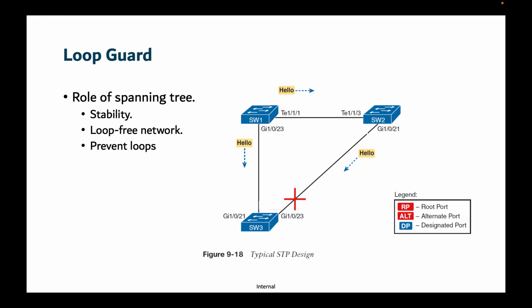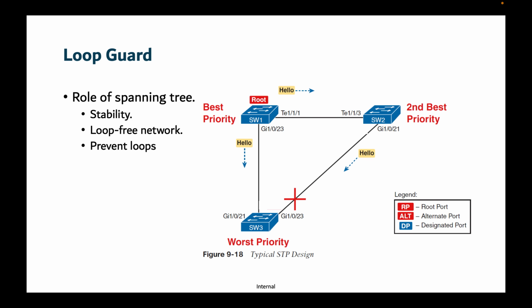In this topology, STP elects a root bridge, which becomes the central reference point for all path calculations within the network. The switch with the lowest bridge ID, a combination of priority and MAC address, is elected as the root bridge, and the second best becomes the backup.